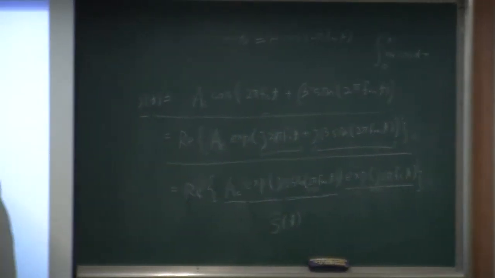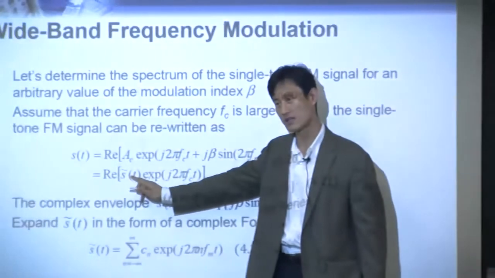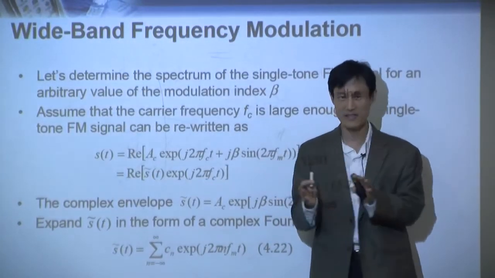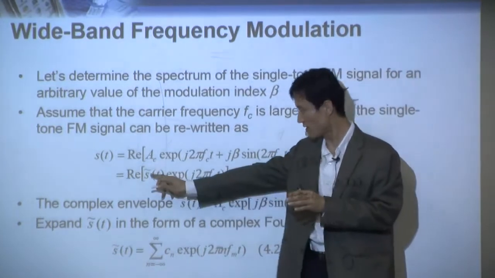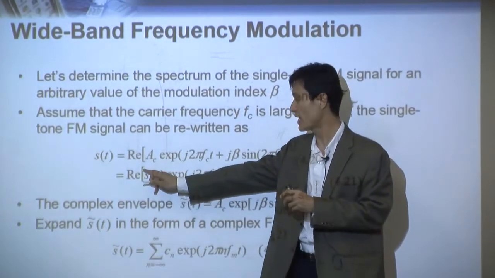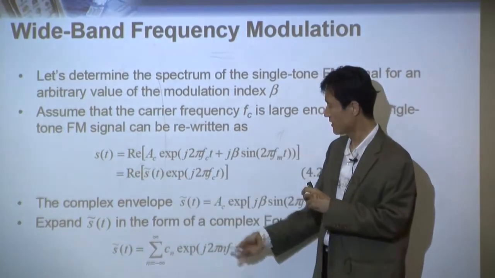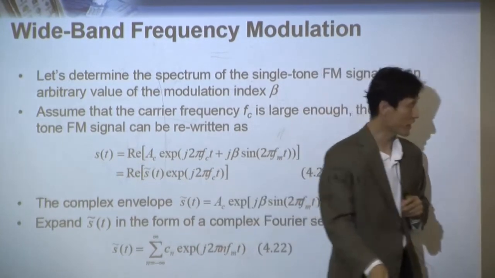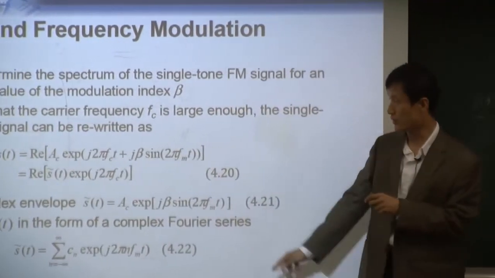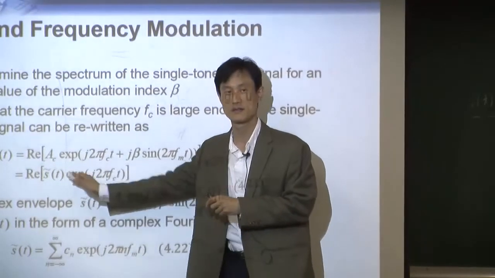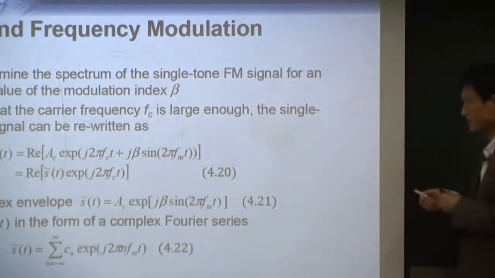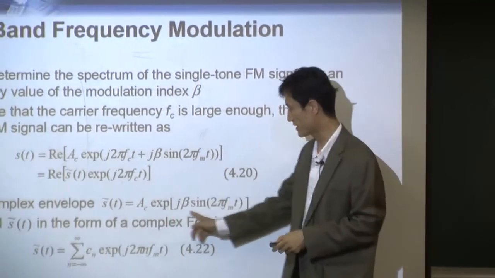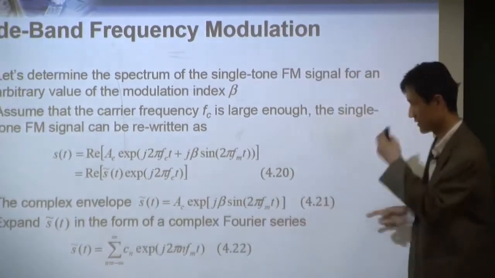That's why you get this one. S tilde t is still like a message, but not exactly the same message. And exponential j2 pi fct is the carrier component, so we separate that like this. This is the selection of your S tilde t.